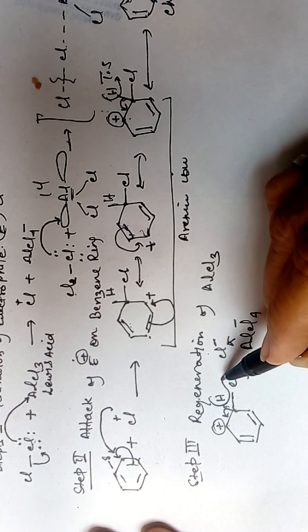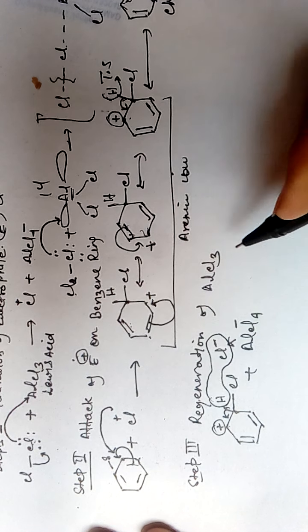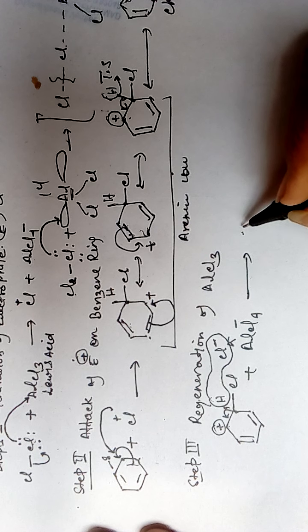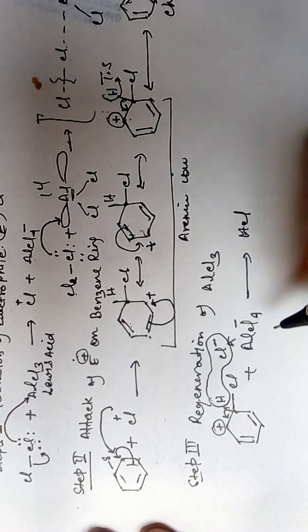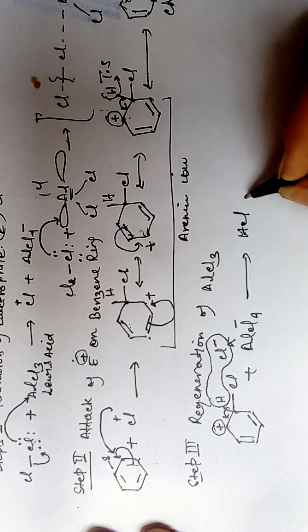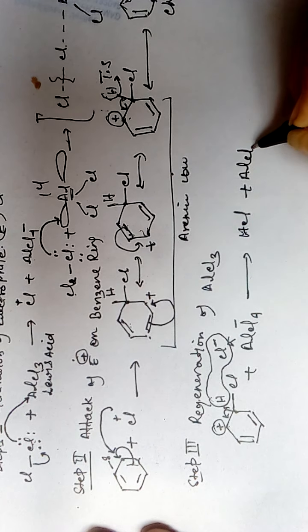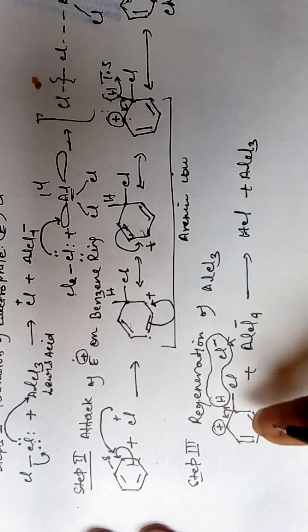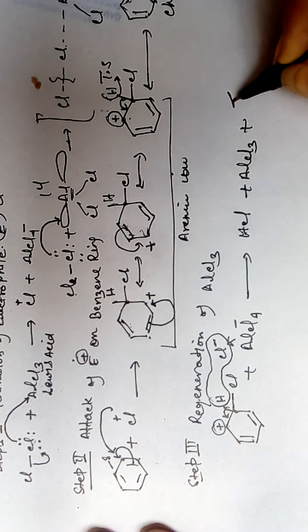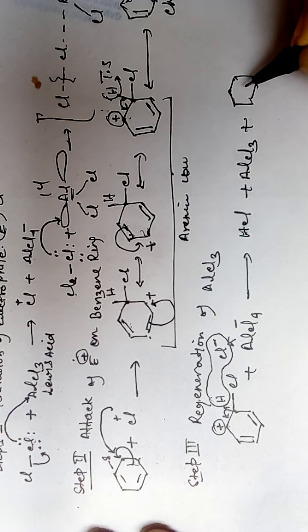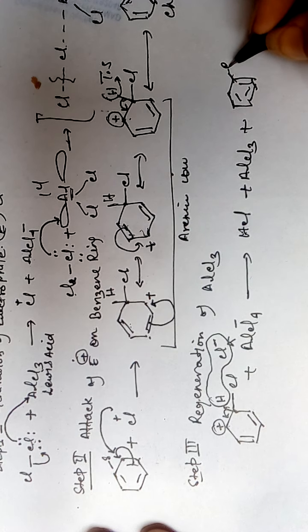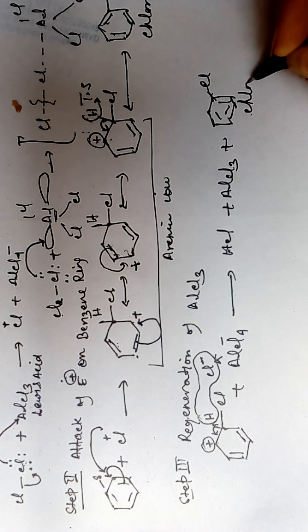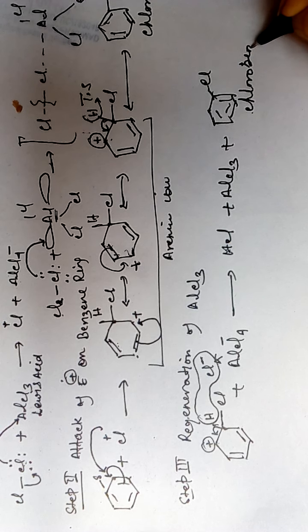It forms AlCl3, which is regenerated, and chlorobenzene is formed here. This is called chlorobenzene.